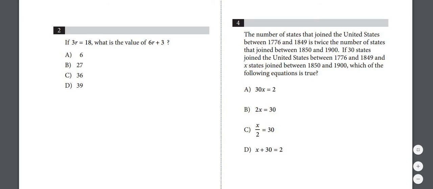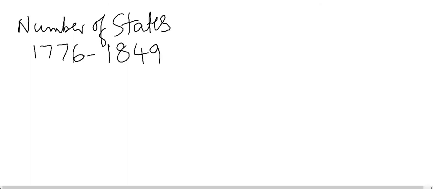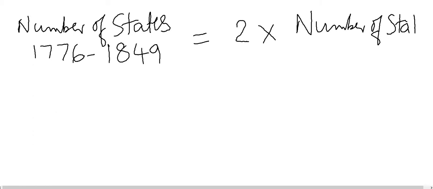Alright, so let's look at the solution. So the first statement is that the number of states between 1776 to 1849 is equal to twice the number of states between 1850 and 1900.